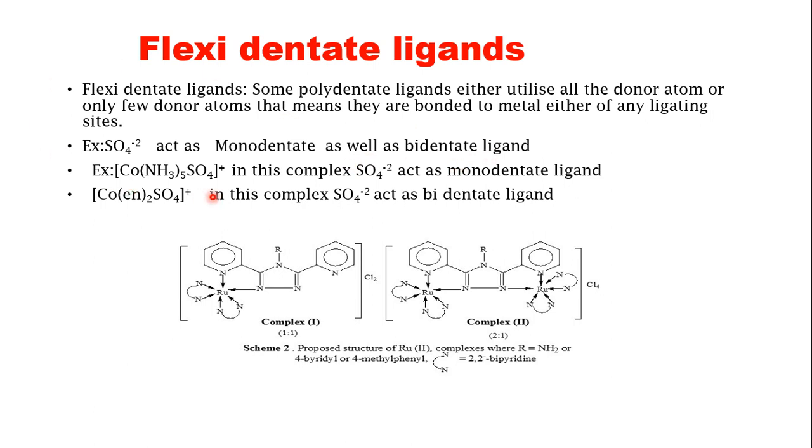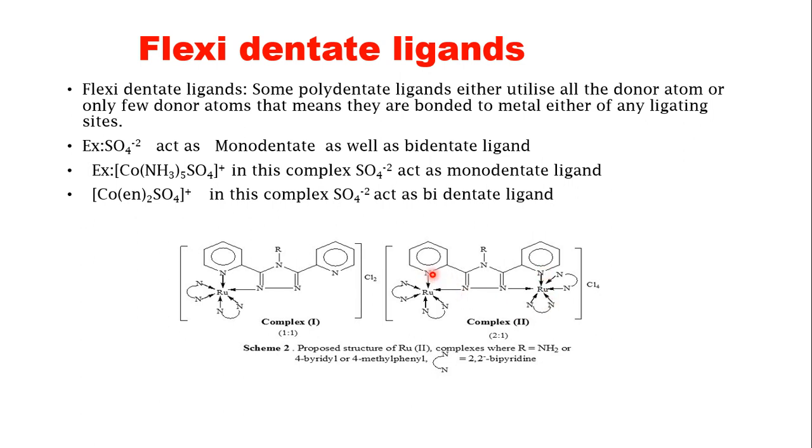Next up, I am showing you a picture wherein you have a ruthenium based complex, and this is the entire ligand. So you have a ruthenium center, and in this ligand there are two nitrogen atoms which are bonded with the ruthenium. In complex 2 there are four nitrogen atoms which are directly connected to ruthenium.